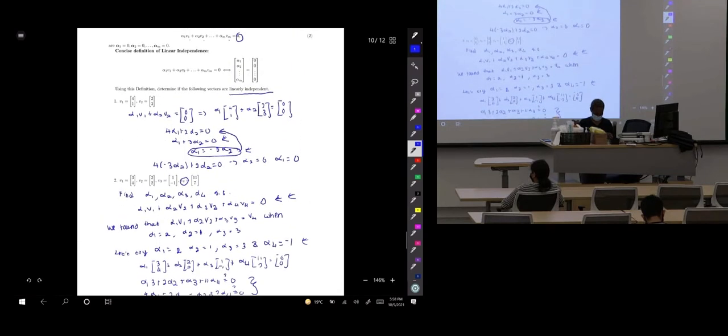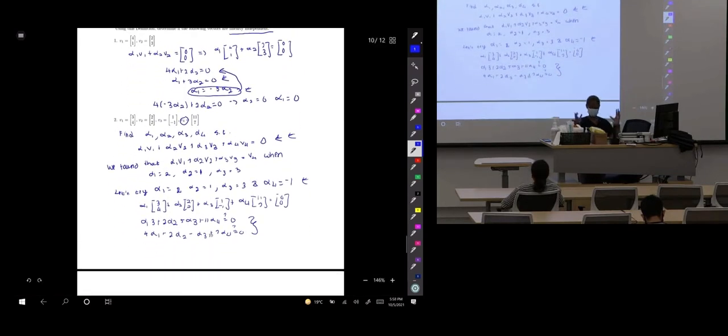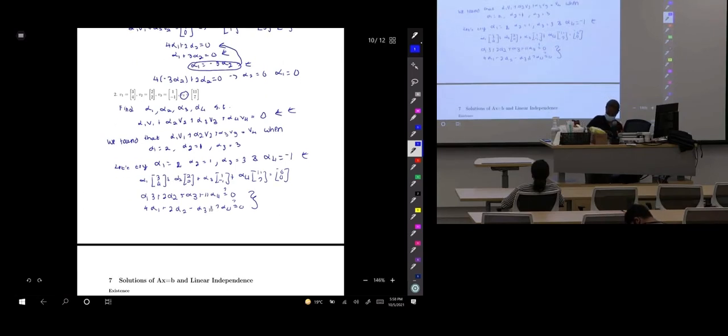And so what we can conclude in general is that if you have a vector v4, and if that vector is the linear combination of your other vectors, all of those vectors, v1, v2, v3, and v4, when you put them together, are not linearly independent from each other. Does this make sense?